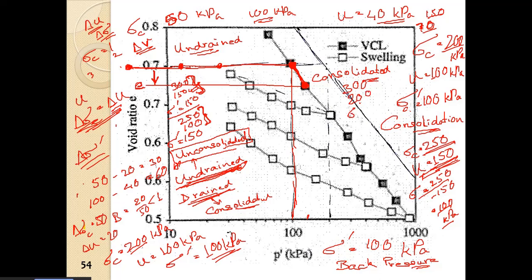So ultimately the effective stress in the sample will remain at 100 kPa. It will not move from here. So that is the undrained case. And if there is drainage, there will be consolidation, and there will be reduction in the pore water pressure.